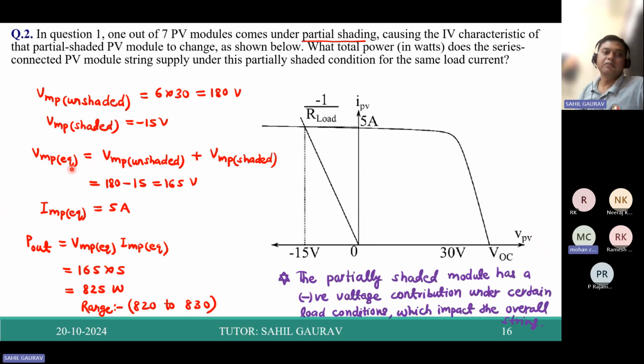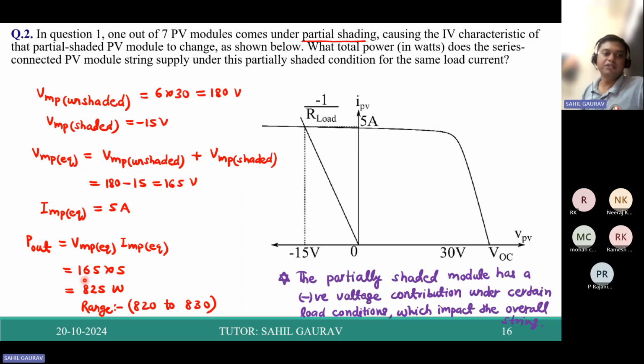So the equivalent voltage will be the unshaded voltage plus the shaded module voltage: 180 volt minus 15 volt, the negative voltage contribution of the shaded part. So the total equivalent maximum power point voltage is 165 volt. And the equivalent maximum power point current is the same, 5 ampere.